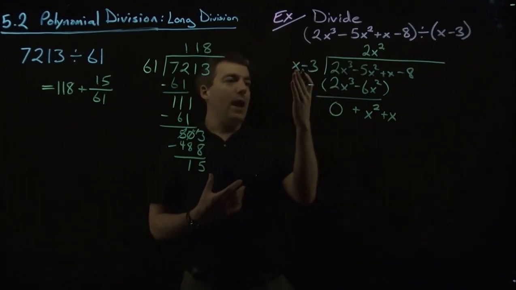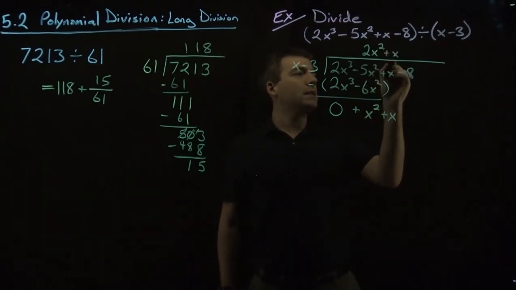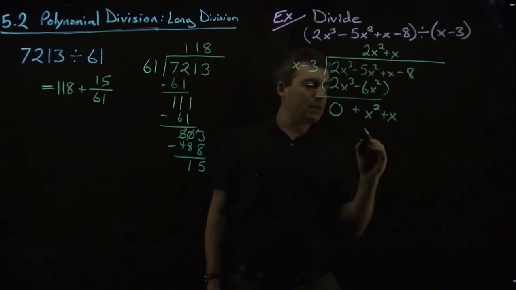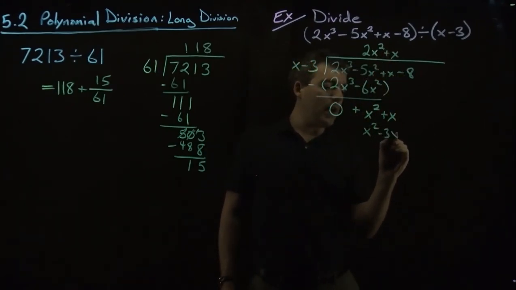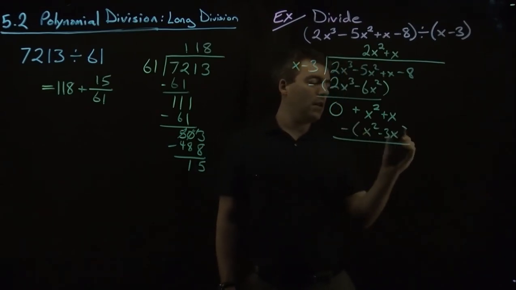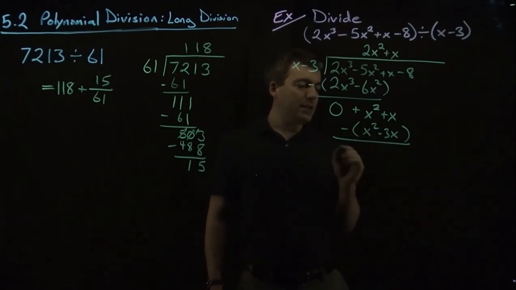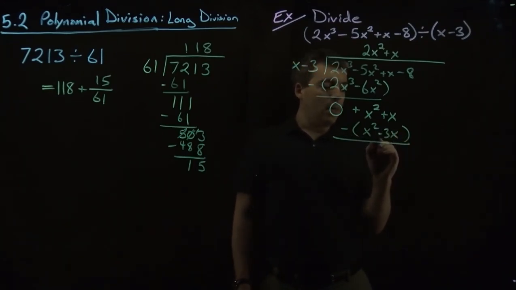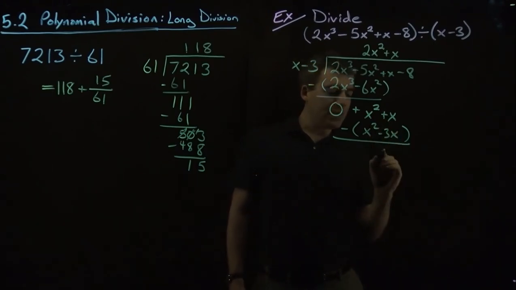What do we need to multiply x by to get x squared? Just x, so plus x times x is x squared, x times negative 3 is negative 3x. And then we subtract. So x squared minus x squared is 0, minus a negative 3x, so that's plus 3x, plus x is 4x.